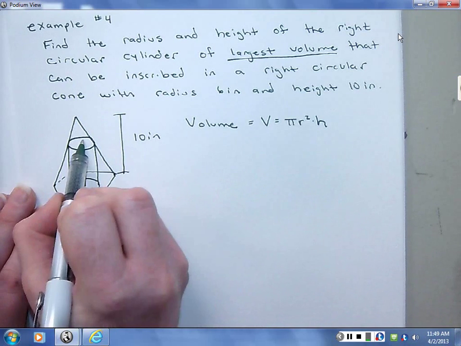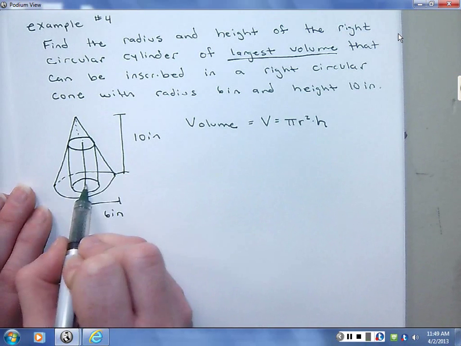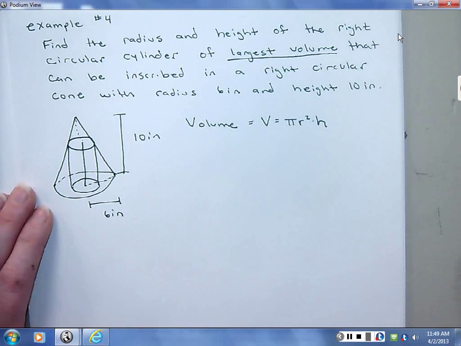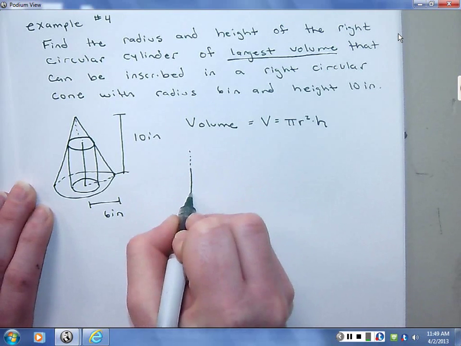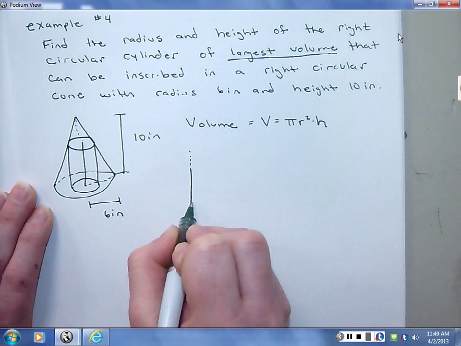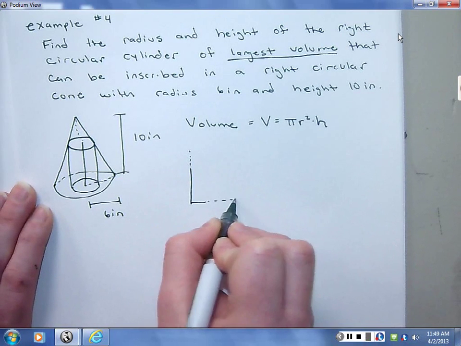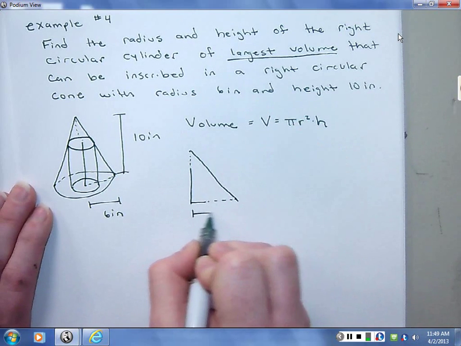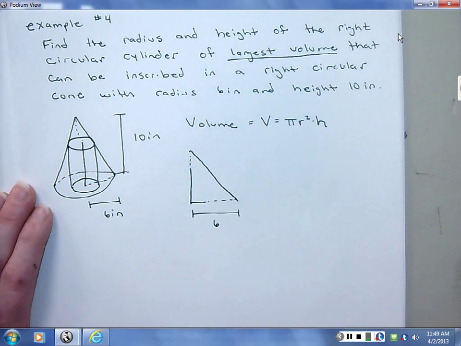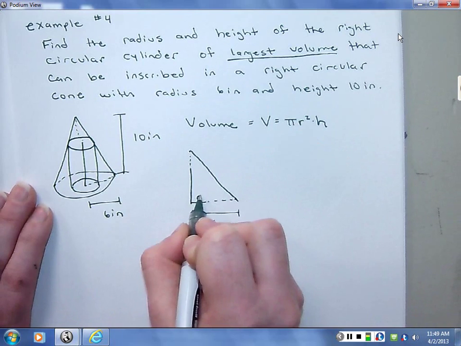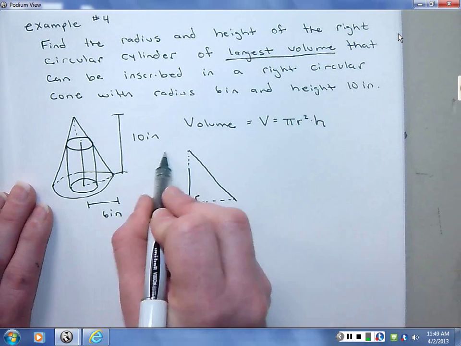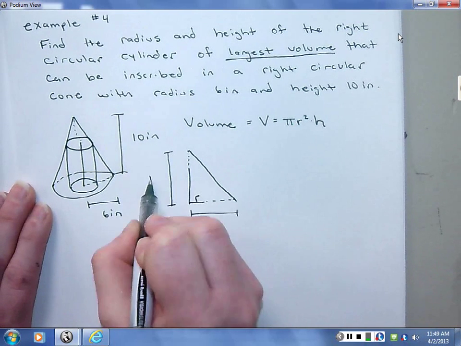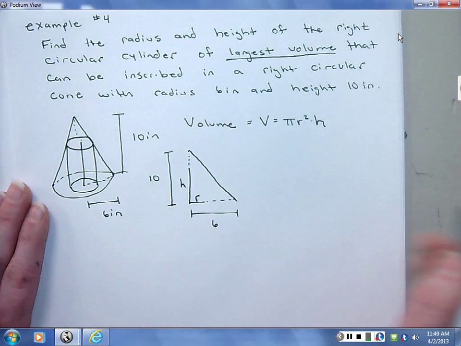And this would be the radius. So I'm going to see if I can draw that over here. This would be maximum to be 6, and this is going to be the radius of the cone. This has a maximum to be 10, and this is going to be the height of the cone. Can you kind of see that?